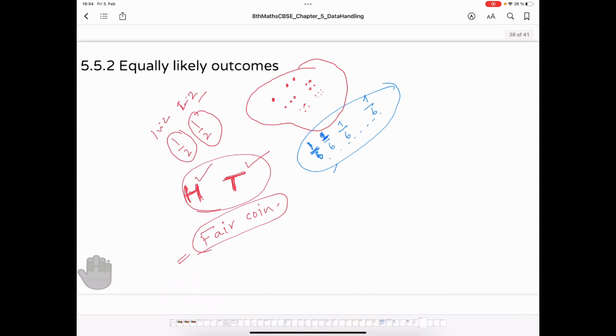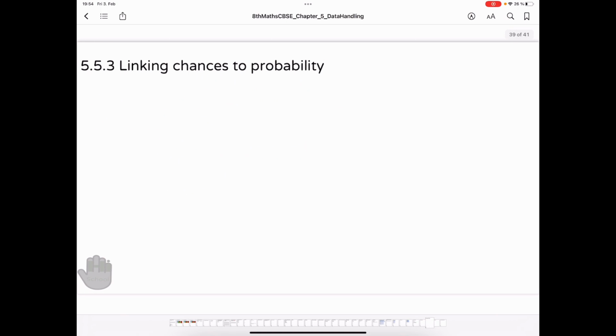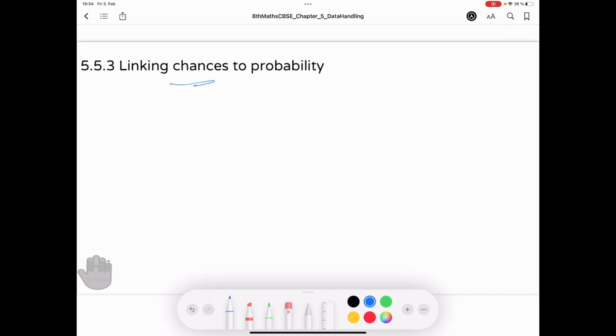With this explanation, we have essentially covered subsection 5.5.3 as well, which is linking chances to probability. A coin can have either of 2 sides, so the chance of either side coming up when we toss a fair coin is 1 in 2.